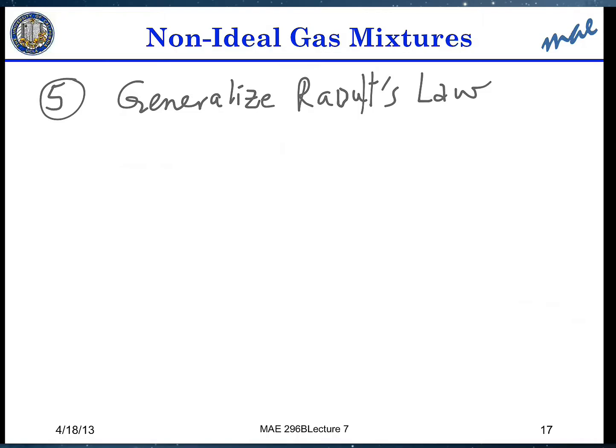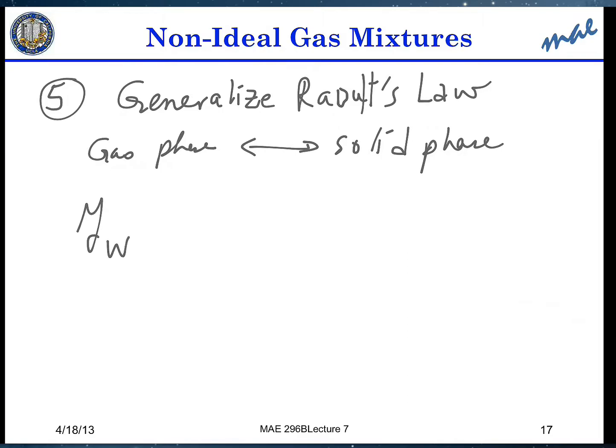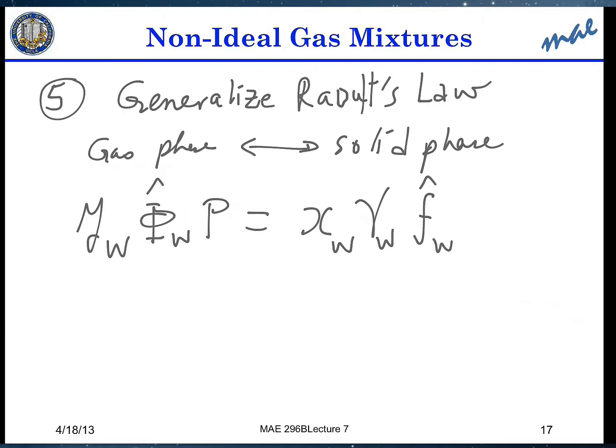So this will give me, if I have the gas phase in equilibrium with the solid phase, for the gas phase y of the tungsten, the fugacity of the tungsten in solution times its pressure, equal to the concentration in the solid phase times the activity coefficient in the solid phase times the fugacity in the solid phase.